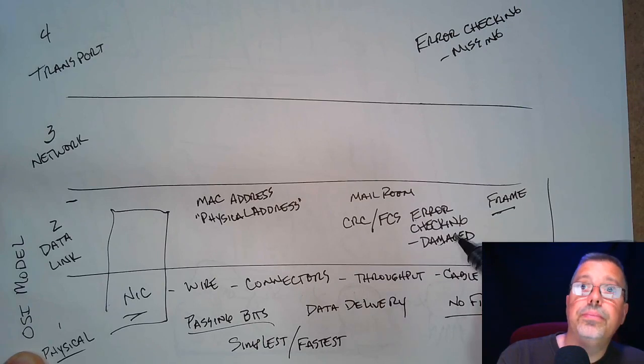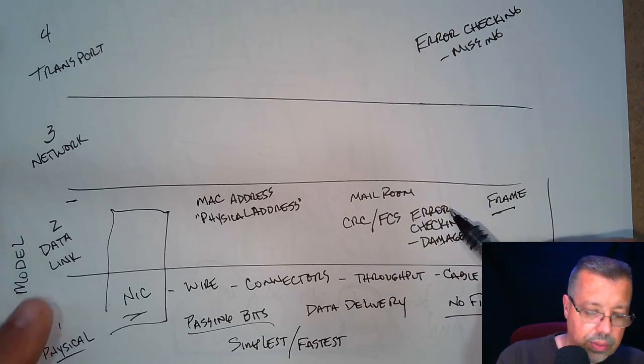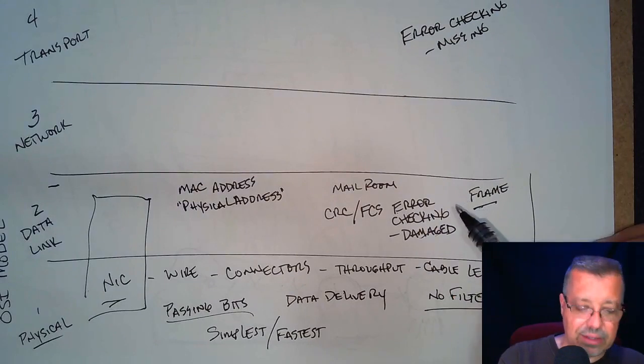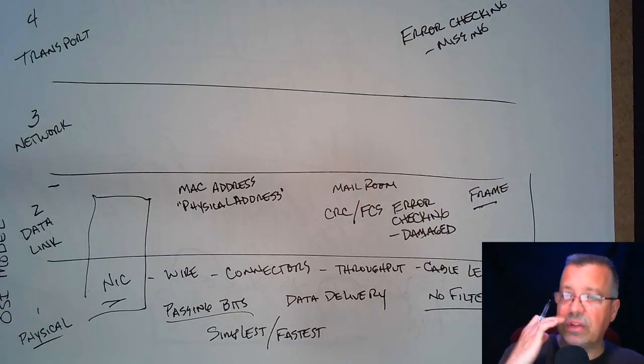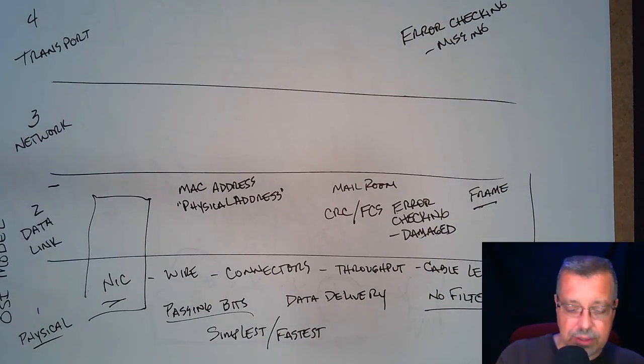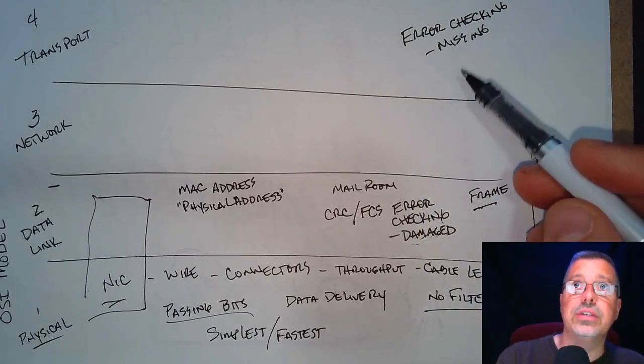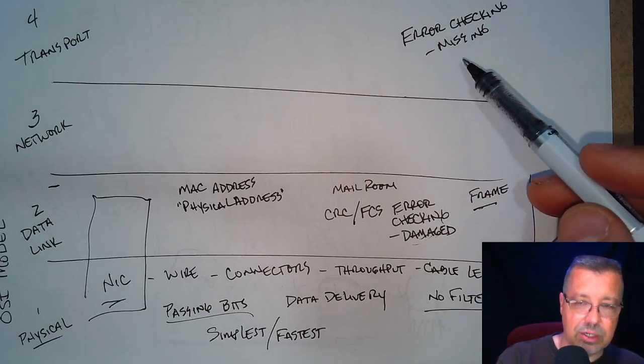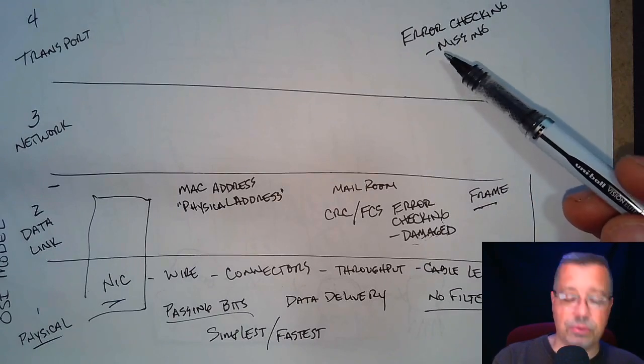The mailroom does not check to see if everything's there as far as the entire message. If there are 4 envelopes, it checks each individual envelope for damage. If there's no damage, it sends it up, and it's the transport layer's responsibility to check and make sure that all of the envelopes are actually there.